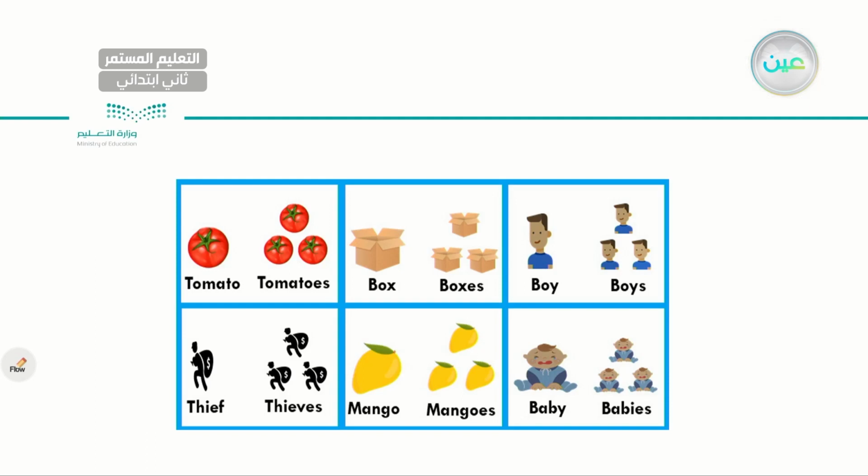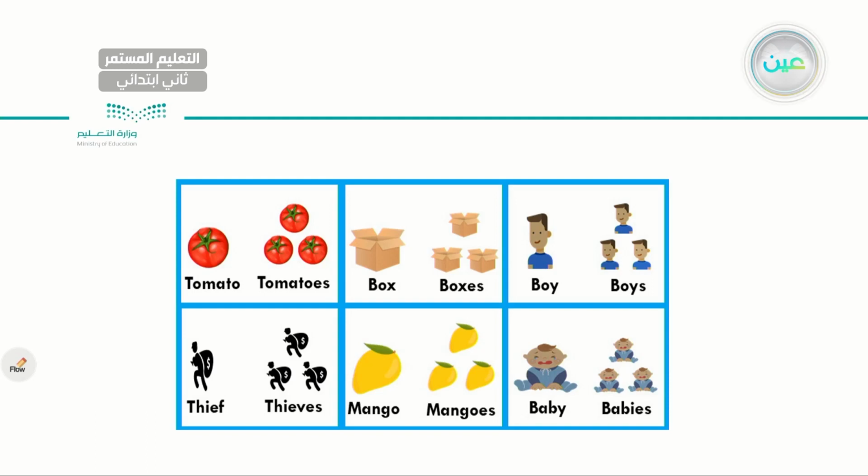Thief. Okay, now you have to be very careful. If the noun ends in F, we have to change it to VES, thieves. Okay, mango ends in O, so we have to add ES, as in tomato. Last one I have baby, because it ends in Y, that's preceded by a consonant, babies, IES.